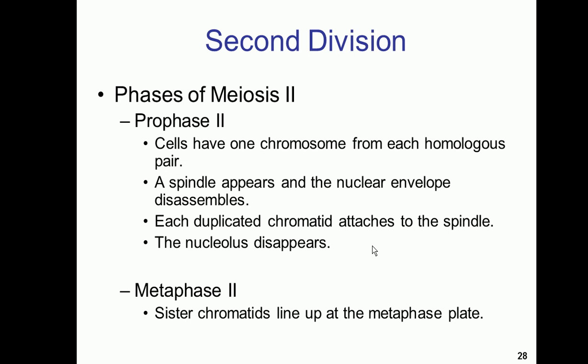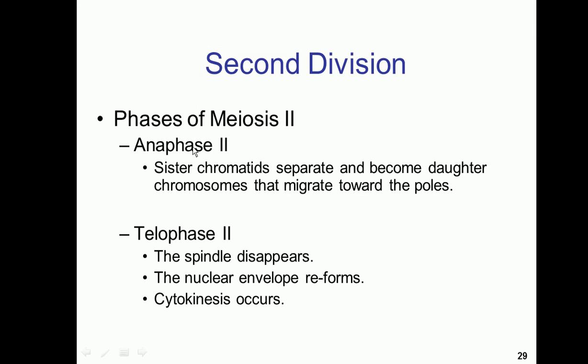Remember that the result of meiosis 1 is two cells which are haploid, and now these two cells are going to undergo meiosis 2, which is like mitosis. So in the anaphase 2 of meiosis 2, it will be the separation of the sister chromatids. From the two haploid cells, each having 23 duplicated chromosomes, each cell is going to form two cells, and each cell will have 23 chromosomes.